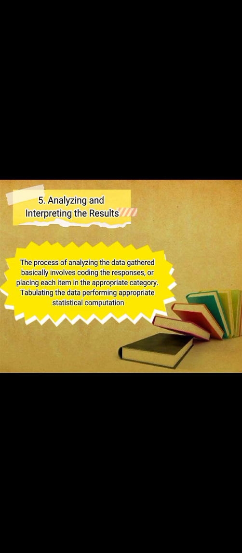5. Analyzing and interpreting the results. The process of analyzing the data gathered basically involves coding the responses, or placing each item in the appropriate category, more on this later, tabulating the data, and performing appropriate statistical computations. 6. Survey research designs.